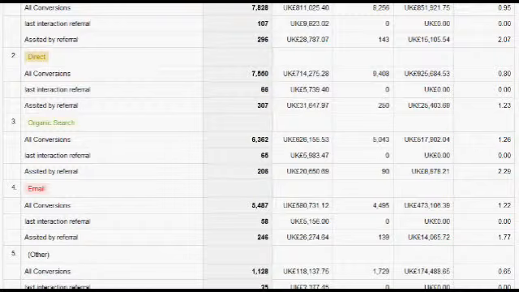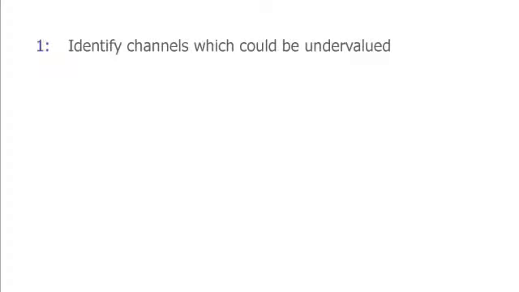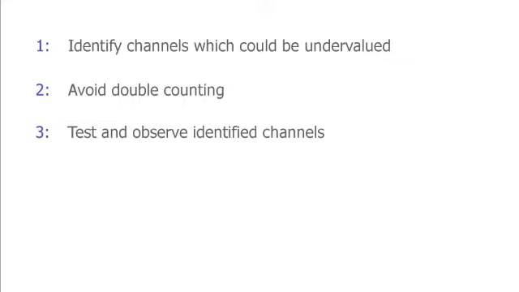So, using this, you're now equipped to identify channels which you may have been undervaluing, to then identify the genuine additional benefit that they've been providing to avoid the mistake of double counting. And then, having identified what appear to be undervalued channels, such as in this case referrals, to test and observe your results.